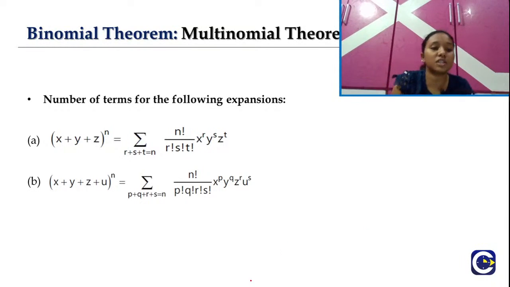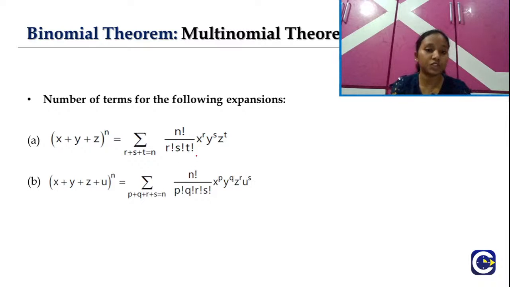Right. As I mentioned, for 3 terms it will be sigma r plus s plus t equal to n, and here n factorial by r factorial into s factorial into t factorial, x power r, y power s, z power t. If it is 4, it will be n factorial by p factorial into q factorial and so on.